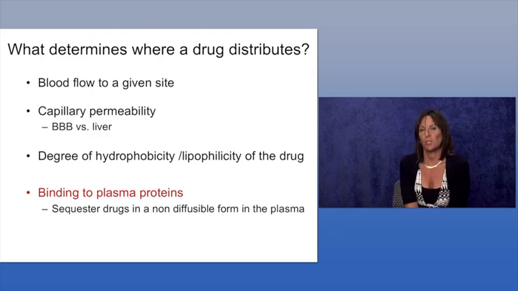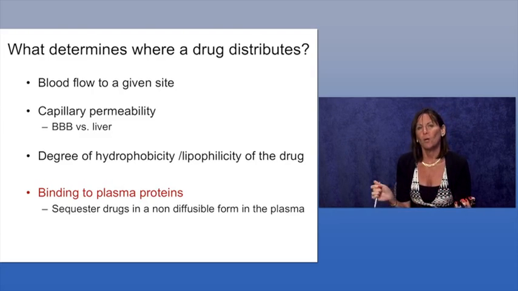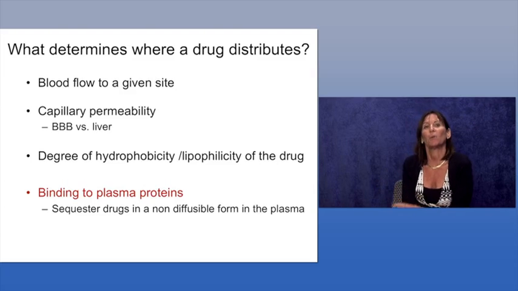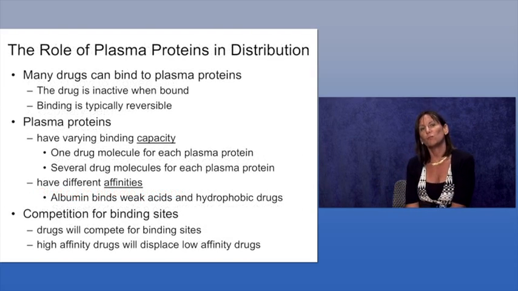Where are plasma proteins? Well, they're in plasma, not too surprisingly. And what they do is they keep the drug within the plasma compartment. Now remember, we said previously that the plasma compartment on average is about 4 liters. So if a drug is highly bound to plasma proteins, well then its distribution is going to be limited to that plasma compartment.